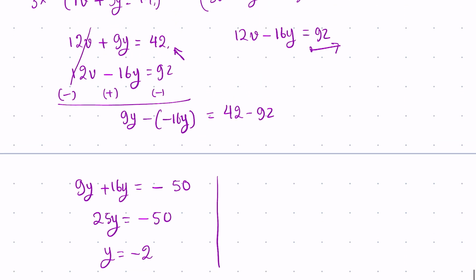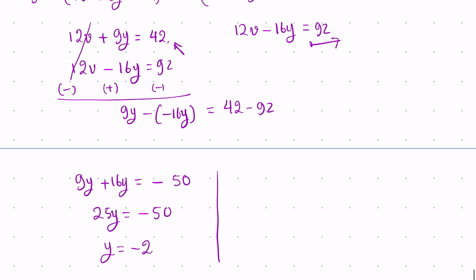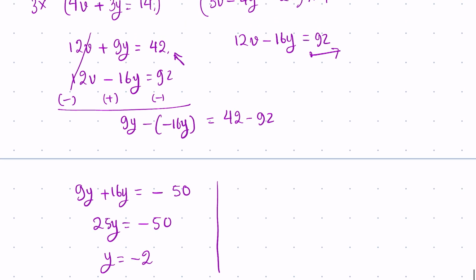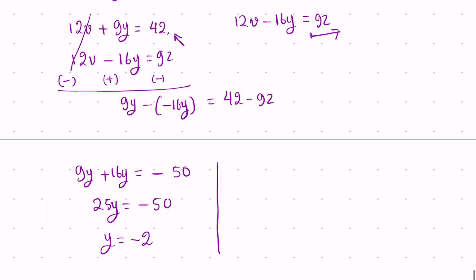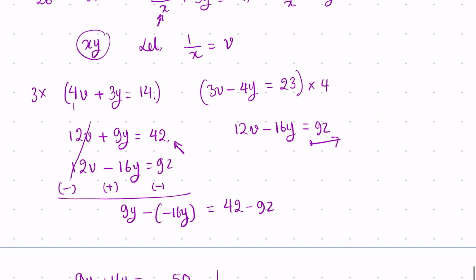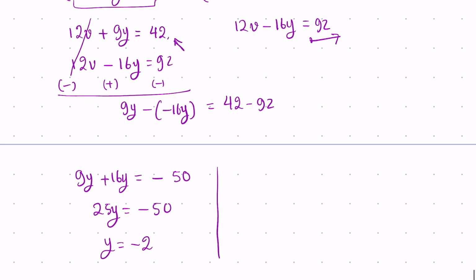Now we substitute the value of y in the first equation. This is this equation. So 4v plus 3y is equal to 14.